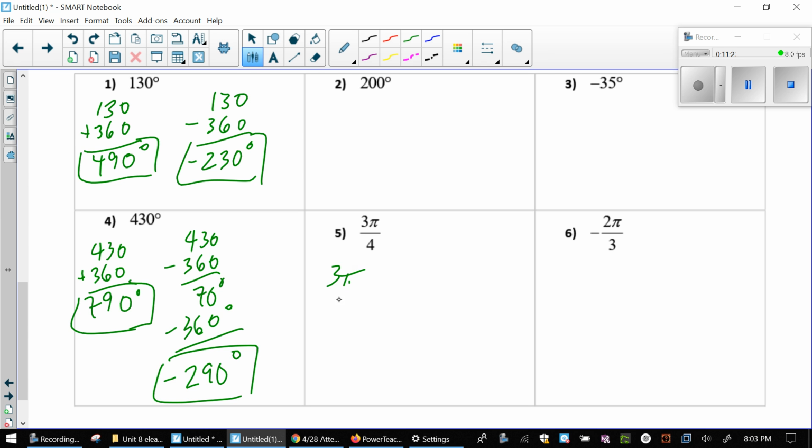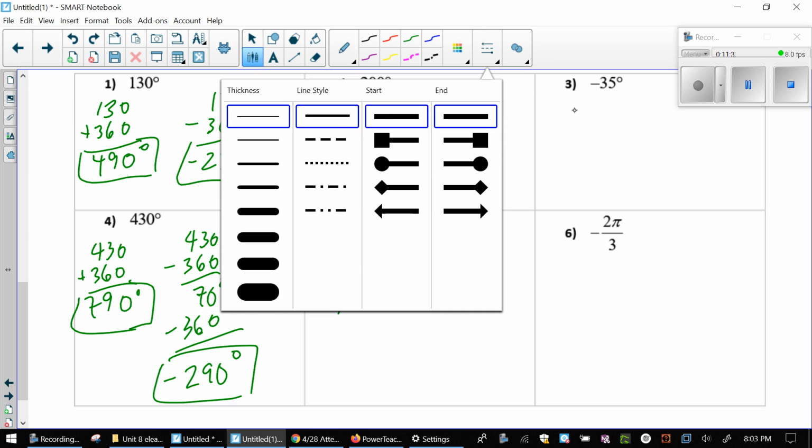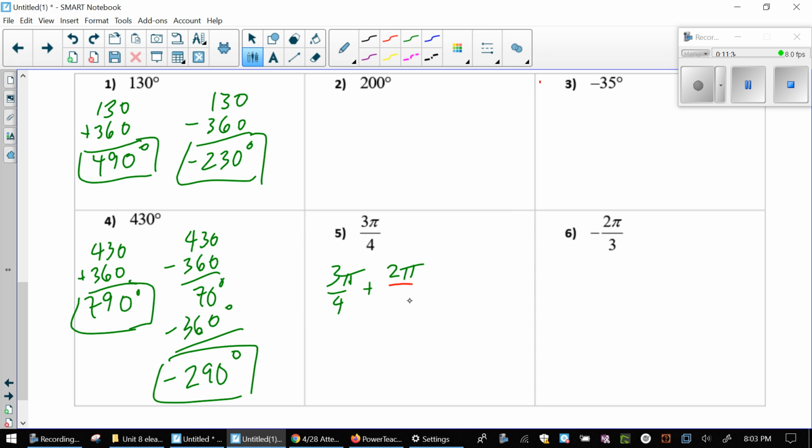3 pi over 4, because here's where our common denominator practice can come into play. I got to add 2 pi. And when I add 2 pi, since I'm adding it to a fraction, I need a common denominator. So my denominator is 4. I got to multiply 2 pi times 4 over 4. So I got 3 pi over 4, with my common denominator, then 2 pi is really 8 pi over 4.